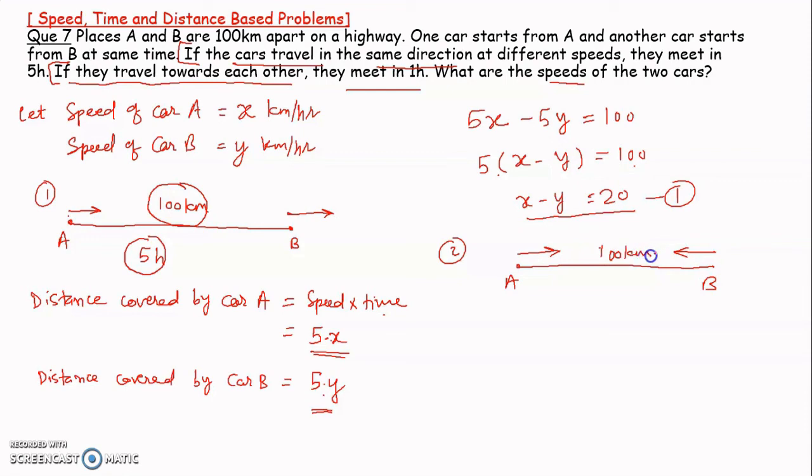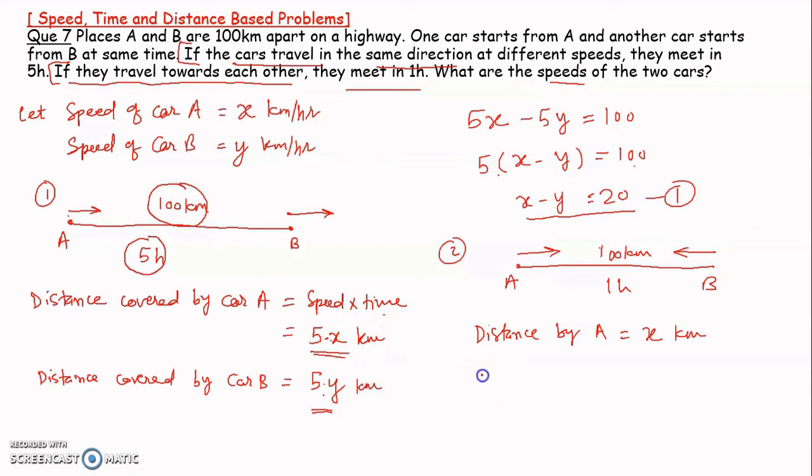The distance is 100 kilometers. Distance covered by car A in 1 hour is speed multiplied by time. So speed is x and time is 1 hour, so the distance covered by car A is x kilometer. Here you should write the units also.